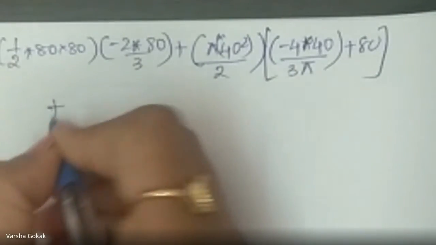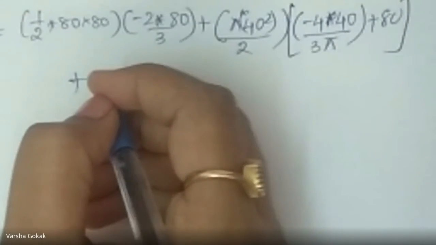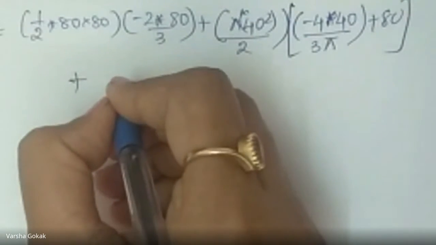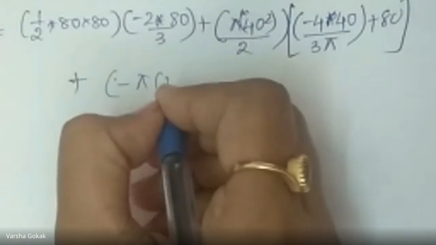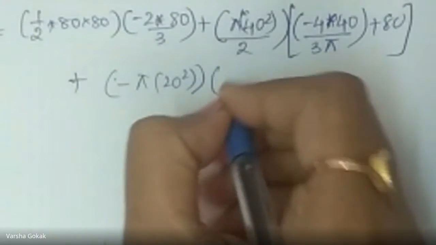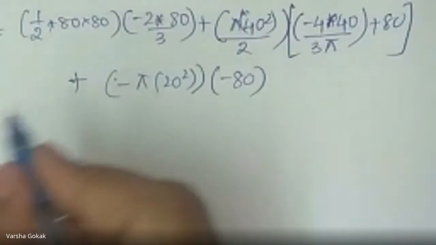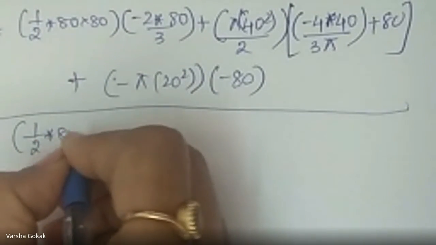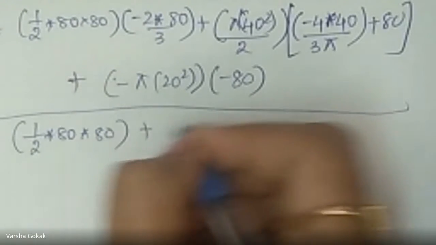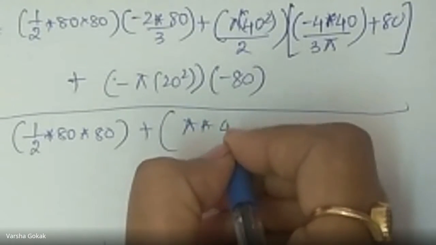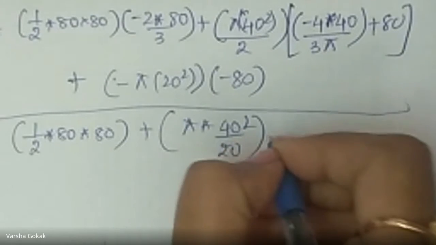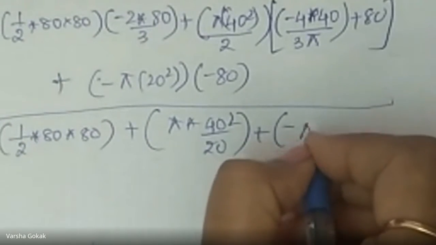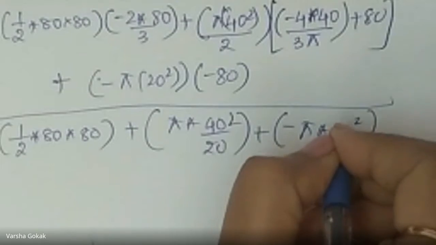This entire thing is into 1, correct? Plus A3 y3, where A3 is minus pi into 20 square and y3 is minus 80. The entire thing is divided by half 80 into 80 plus pi into 40 square by 2 plus minus pi into 20 square.